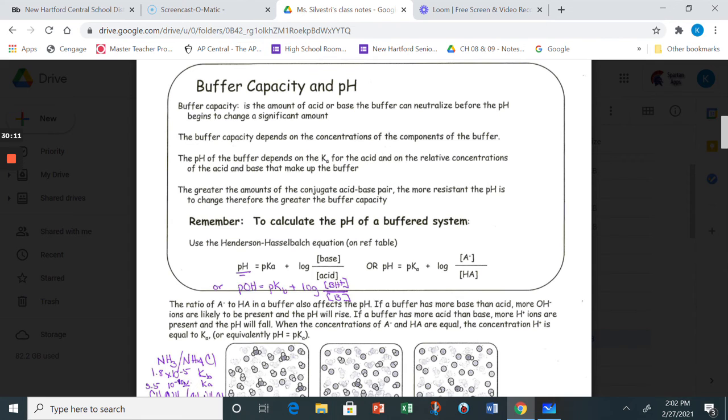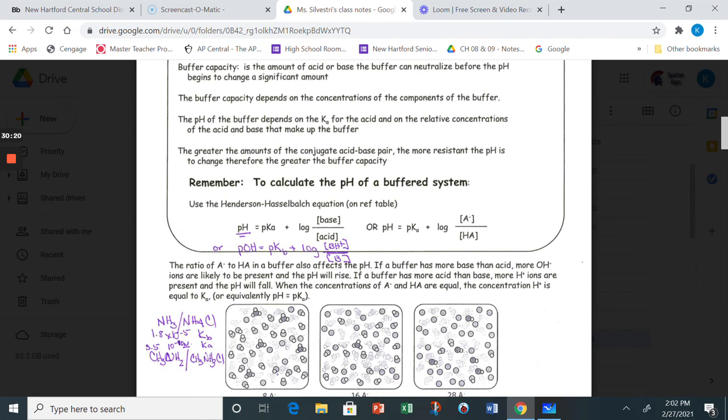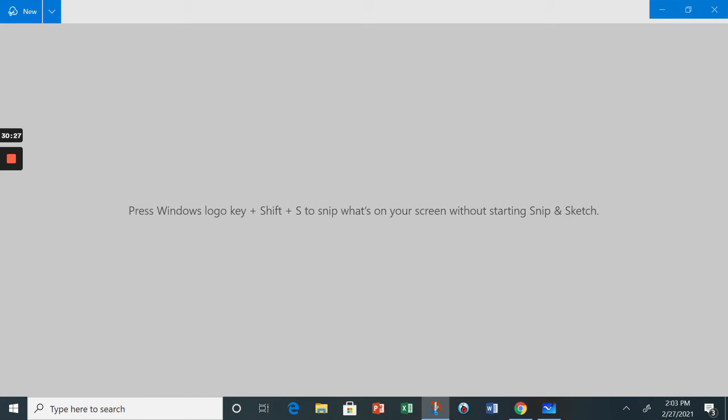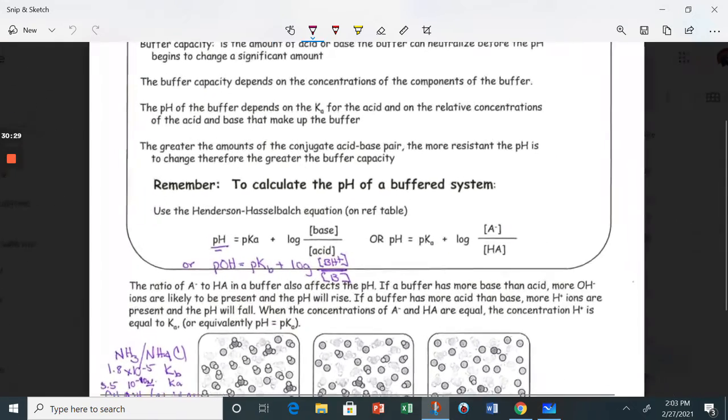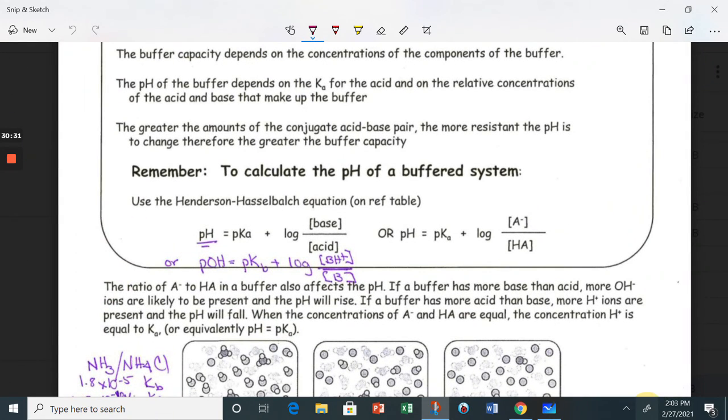So what happens when you look at buffer capacity, and I'm going to move this up just a little, so we have our little pictures, although I may have to redo this. Whenever you look at buffer capacity, what you're really looking at is this ratio. How much this value changes, because this is your starting point, so to speak.